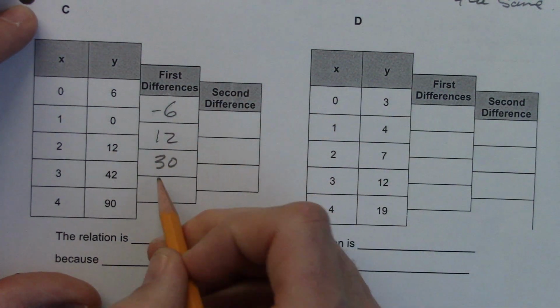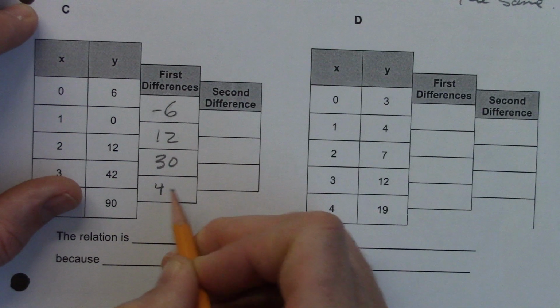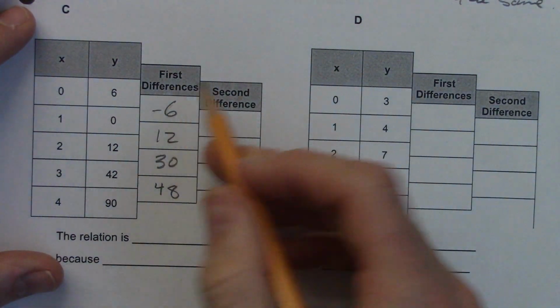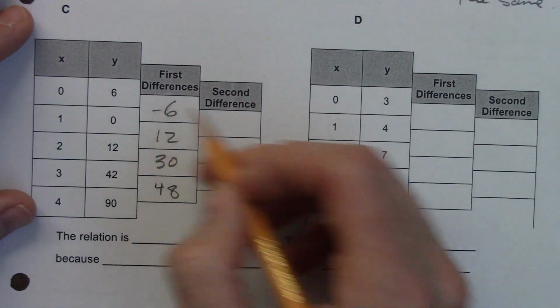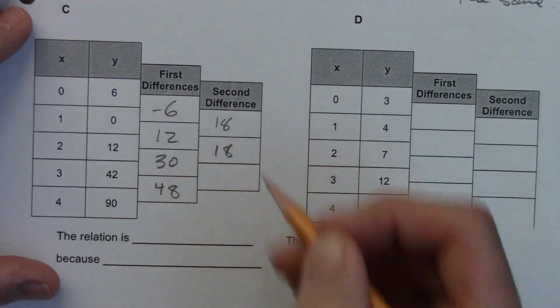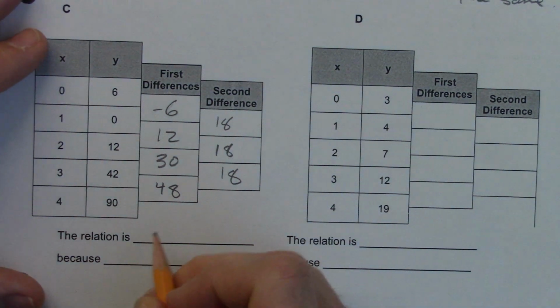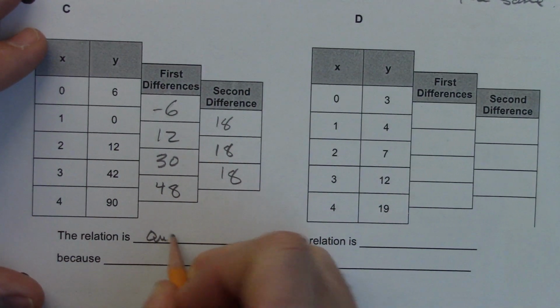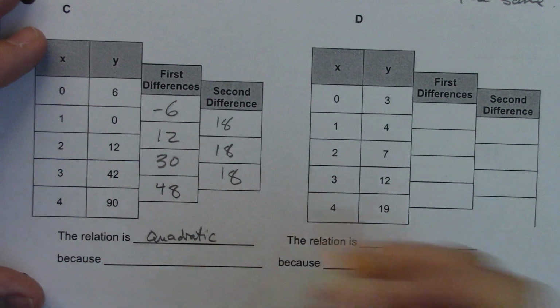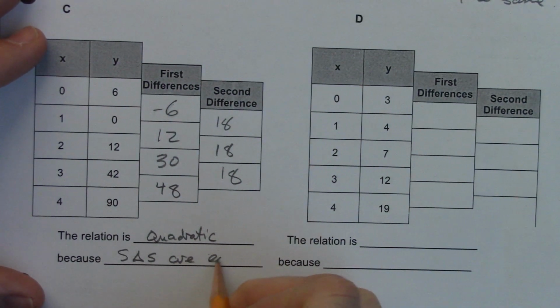And 90 minus 42 is 48. Okay. Second differences: 12 minus negative 6 is 12 plus 6, which is 18. 30 minus 12 is 18. And then 48 minus 30 is 18. So this relation is quadratic because second differences are equal.